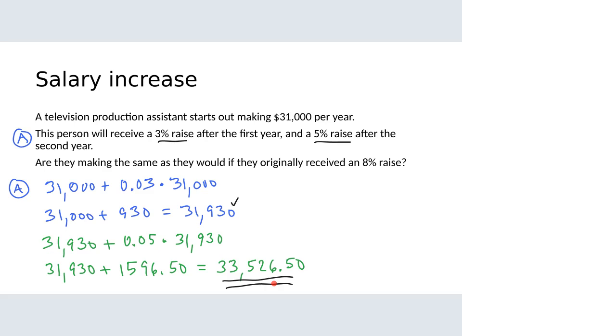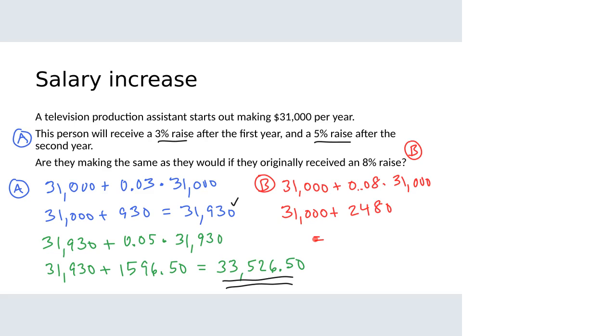Okay, let's do method B here, which is just an 8% raise. They started out making 31,000, and we're going to add 8% of 31,000. Let's see what 8% is: 2,480.